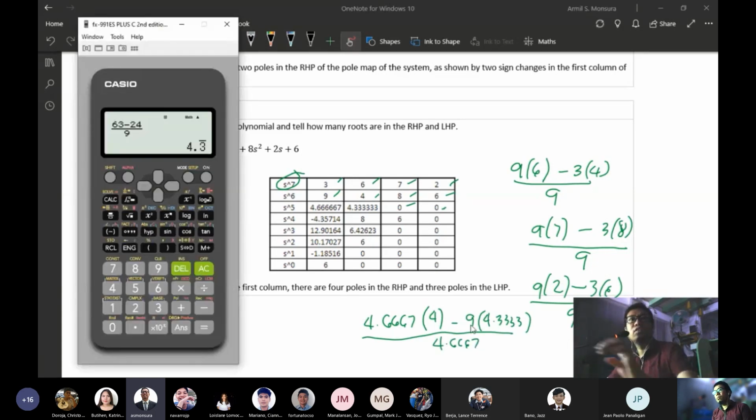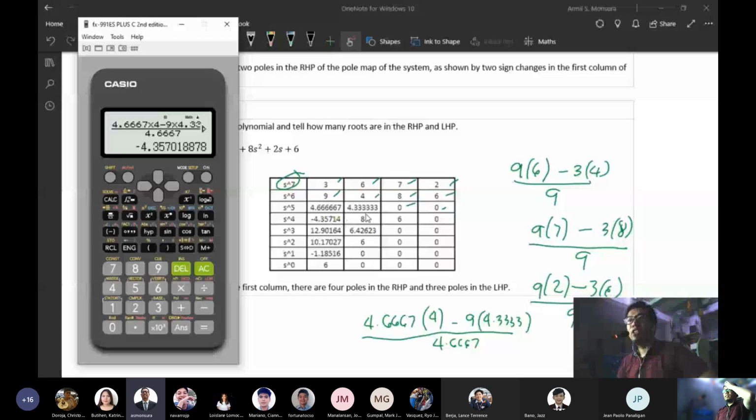When we compute that, it becomes 4.6667 times 4 minus 9 times 4.3333, divided by 4.6667. That should give you negative 4.357071. Okay, so there.